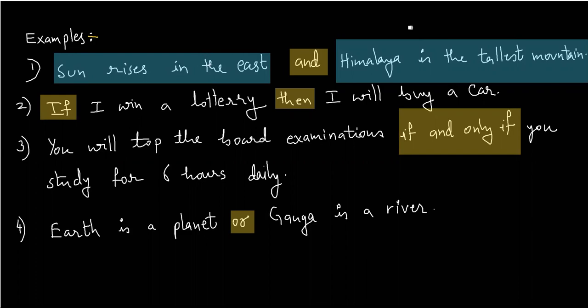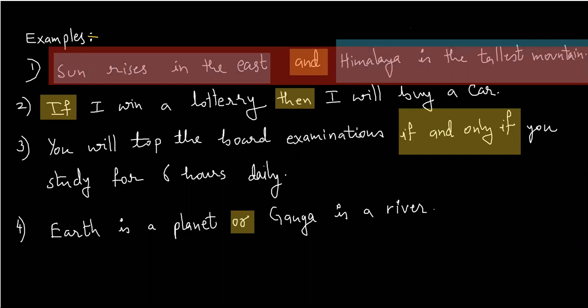And if I connect these two with the help of the word "and", what I get is the compound statement. So what is a compound statement here? This whole thing will become a compound statement. What is a compound statement, students?